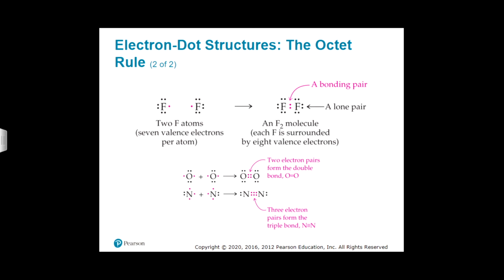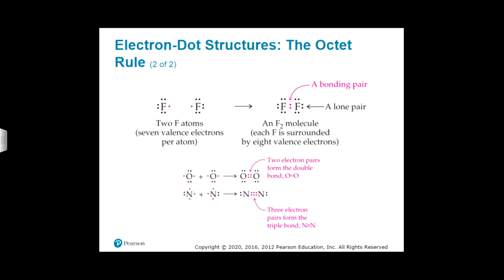Since we have 2 unpaired electrons per oxygen atom, each oxygen atom can share 2 of those electrons with the other oxygen atom. And so we're going to form 2 bonding pairs between those 2 atoms, since we'll have 2 unpaired electrons from each oxygen to do that, and each one can pair with an unpaired electron from the other oxygen.